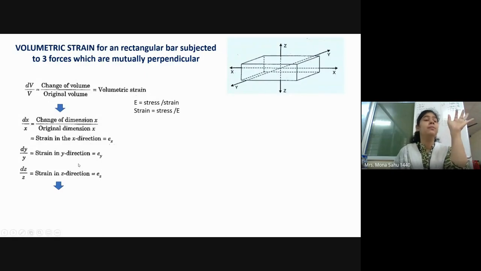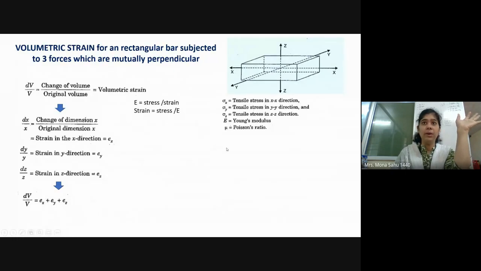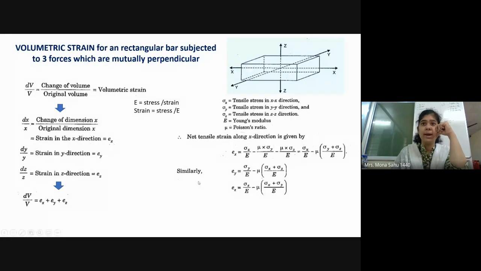So now you have understood what Ex, Ey, and Ez are. So what will be the volumetric strain? Ex plus Ey plus Ez. Now if you consider sigma x, sigma y, and sigma z as tensile stress, E as Young's modulus, mu as Poisson's ratio, how will you write Ex?